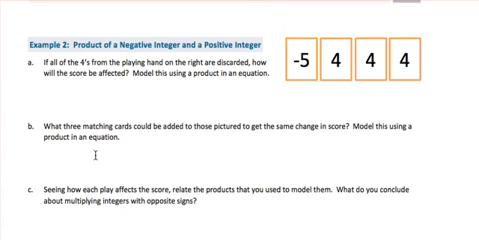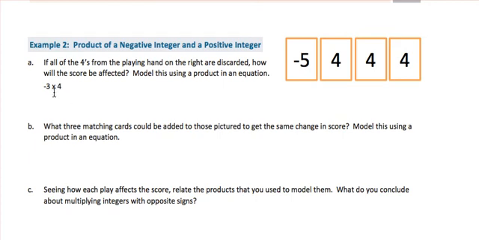In example 2, we're going to look at the product of a negative integer and a positive integer. So if all the 4s from the playing hand on the right are discarded, how will the score be affected? If all of the 4s are discarded, we would actually be taking away 4 and taking away 4 and taking away 4, which would be 3 discards of 4.